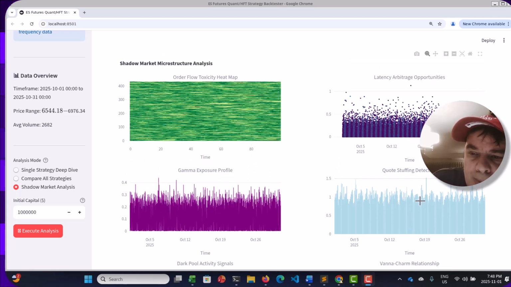Here we have quote stuffing detection. We have latency arbitrage opportunities. I don't know what time frame this would be, but I could probably feed it 5 megs worth of data on minute data and let it run. I might do that as a separate video, which again would be real world data.